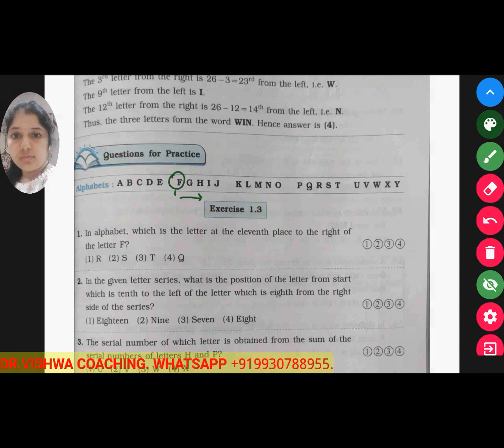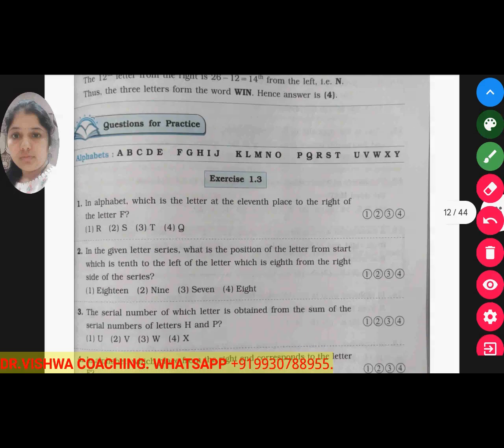So the letter at 11th place is 1, 2, 3, 4, 5, 6, 7, 8, 9, 10, 11. So Q is the letter which is at 11th place from letter F.